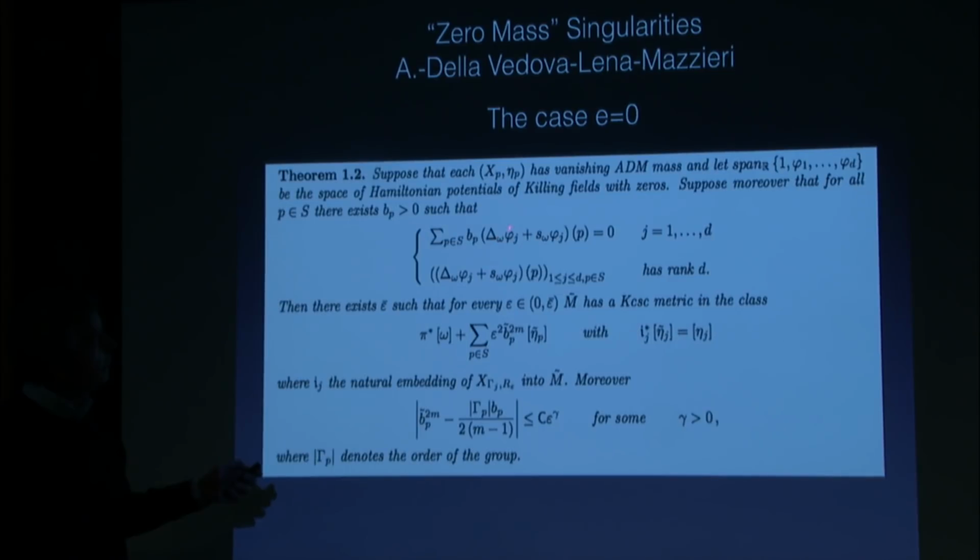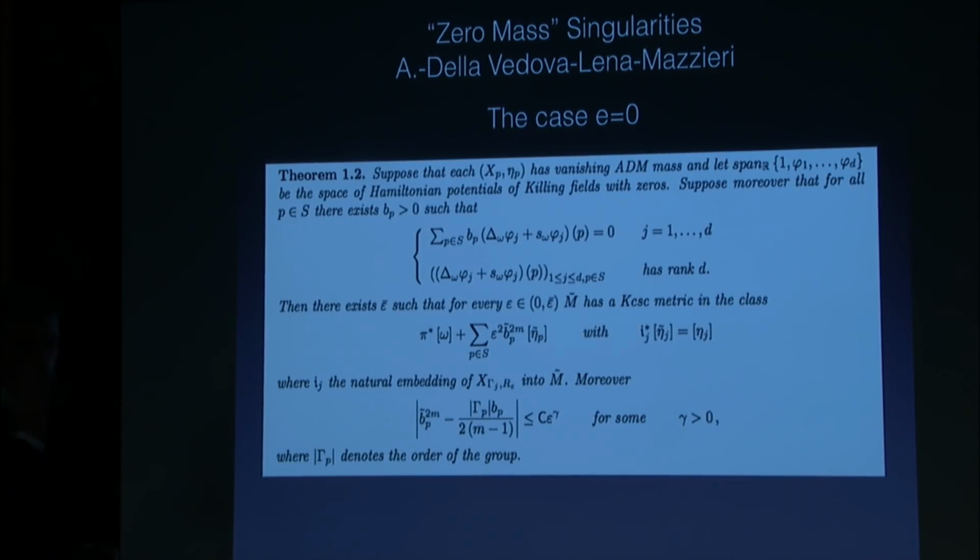You take the Hamiltonian potentials of the holomorphic vector fields, and you compute something like the Laplacian of them plus the scalar curvature, which is a constant, remember, the constant of the base orbifold, plus phi, and you compute it at the singular point that you are resolving. Basically, you build a matrix, and you want to know whether this matrix has maximal rank. If this orthogonality condition is satisfied, then you can actually prove that the classes you have constructed, or something nearby, do have a metric of constant scalar curvature.